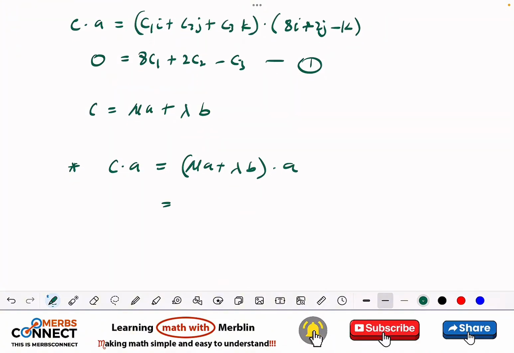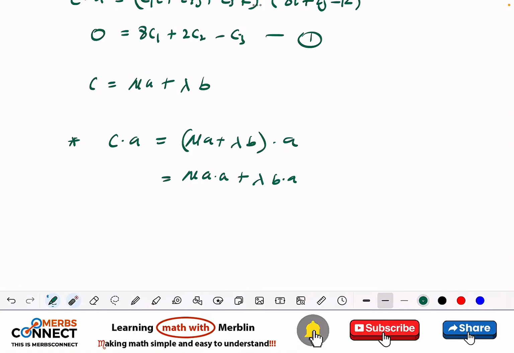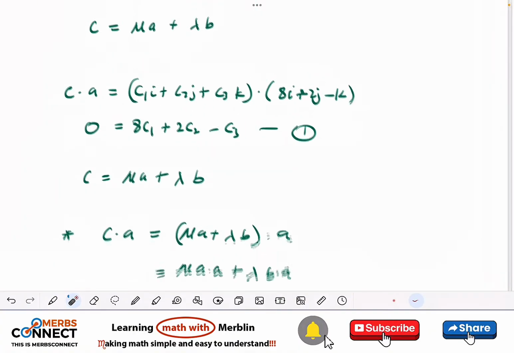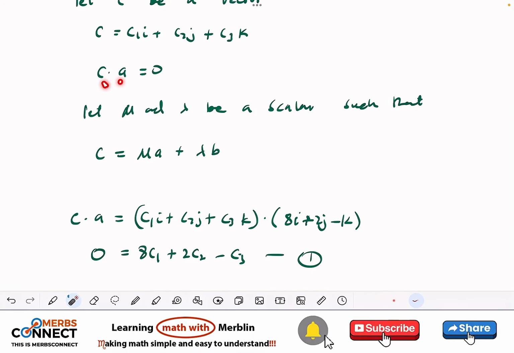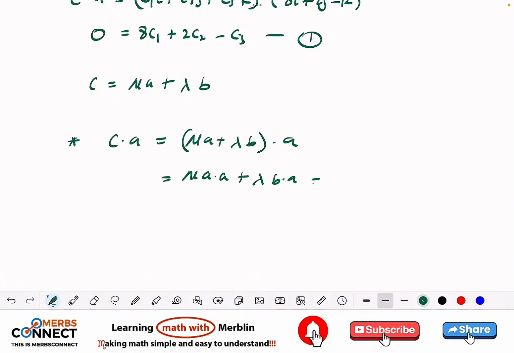This is going to be mu A dot A plus lambda B dot A. This is what you are going to get at the end of the day. And remember, since C dot A is equal to 0, this should be equal to 0. So we have mu times A dot A plus lambda B dot A, where mu is a scalar.